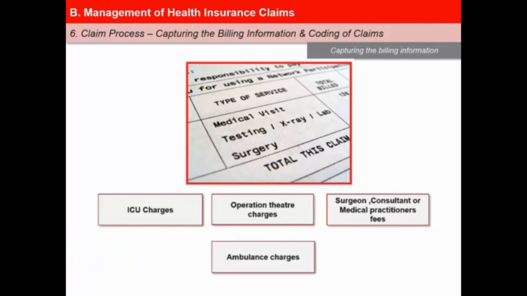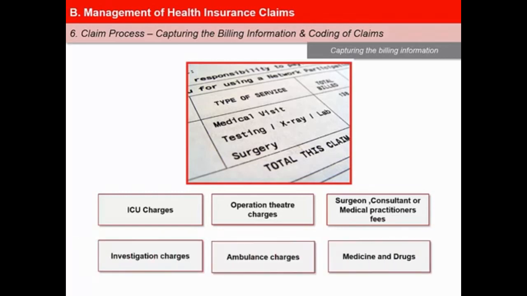Ambulance charges. Investigation charges covering blood test, X-ray, scans, etc. Medicines and drugs. Though there are efforts being made to standardize the billing pattern of hospitals, it is common for each hospital to use a different method for billing, and as a result, many challenges are faced by them.